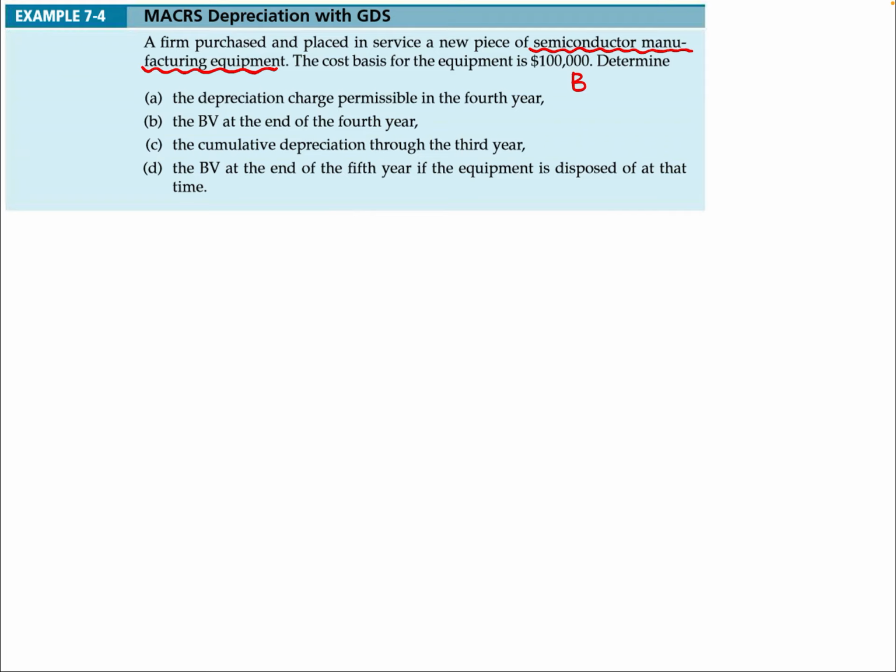That is the B. Determine: A, the depreciation charge permissible in the fourth year, which is D4; the BV at the end of the fourth year, BV4; the cumulative depreciation through the third year, D3 star; and the BV at the end of the fifth year if the equipment is disposed of at that time, BV5. And look at this: the equipment is disposed of at that time, which means for the fifth year, your depreciation can be only the half-year depreciation.